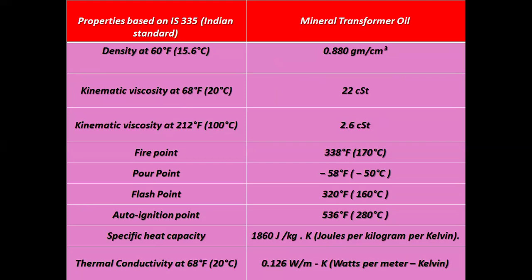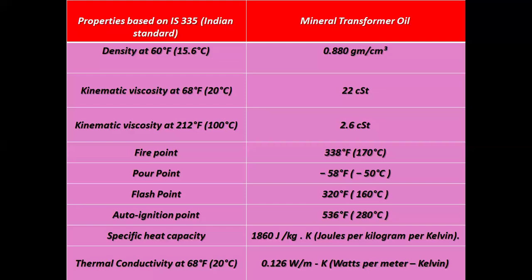Kinematic viscosity at 212 degree Fahrenheit, that is 100 degrees centigrade, 2.6 cSt. Fire point 338 degree Fahrenheit, 170 degree centigrade. Pour point minus 58 degree Fahrenheit, minus 50 degree centigrade.